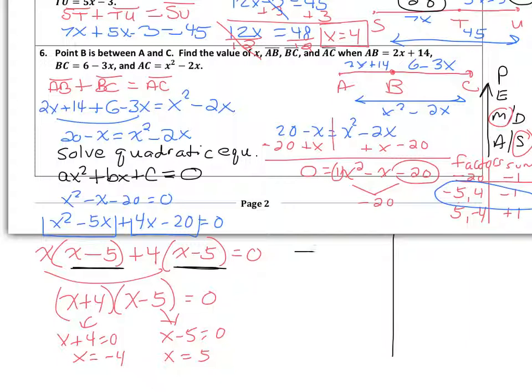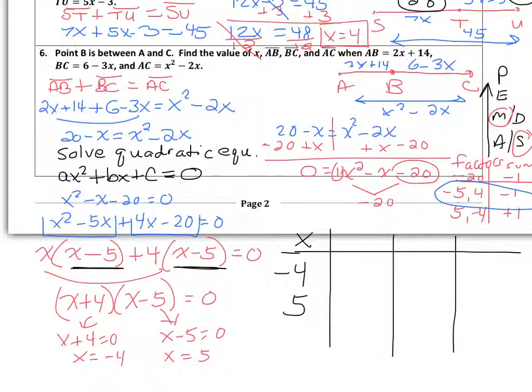Why don't we do that? I've got several expressions here, so this is always a really nice approach, create a table. We've got 2x plus 14, we've got 6 minus 3x, and we have x squared minus 2x. And just go ahead and substitute.